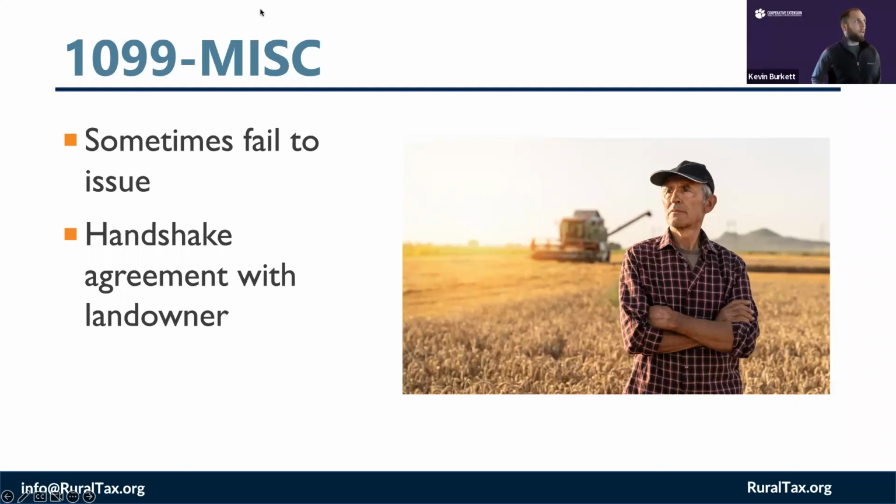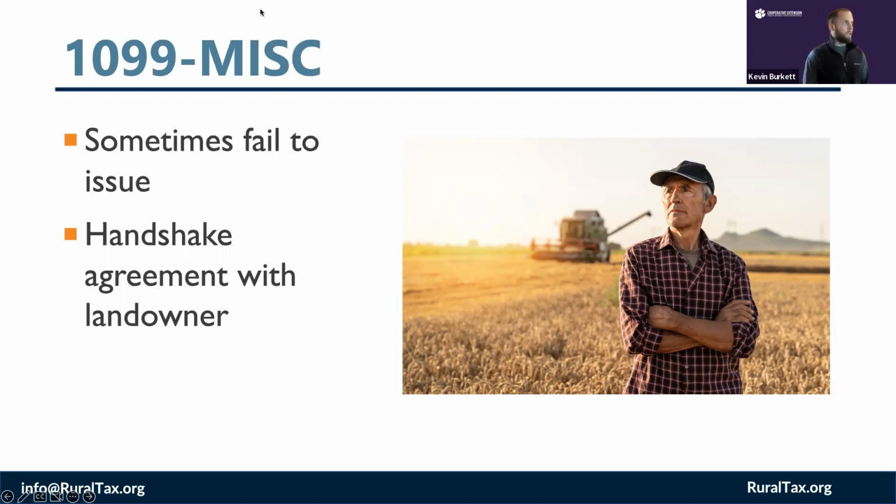I was just going to jump in, Rob, and say sometimes a situation might be they're renting land from a family member, and as Rob said, it's more of a handshake agreement. Maybe they pay at the beginning of the year and it's pretty informal, and they just go about their business and don't think much about it.